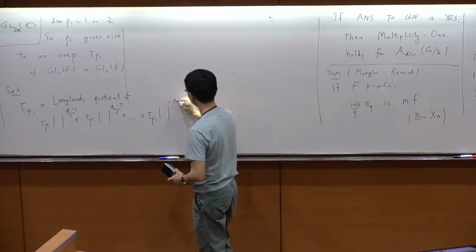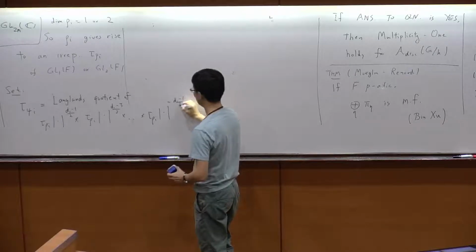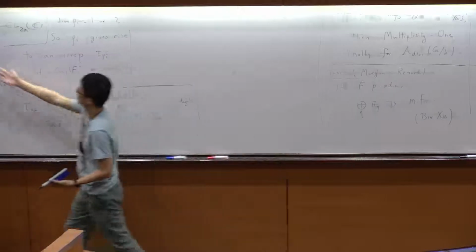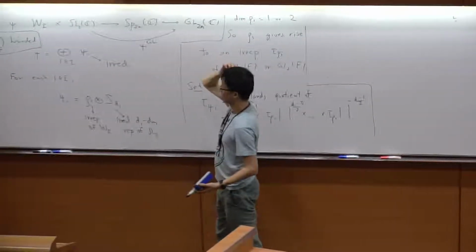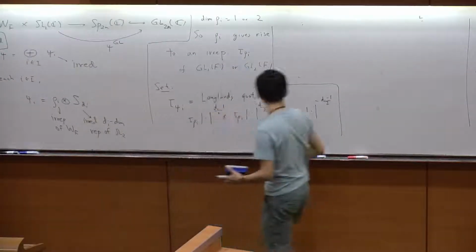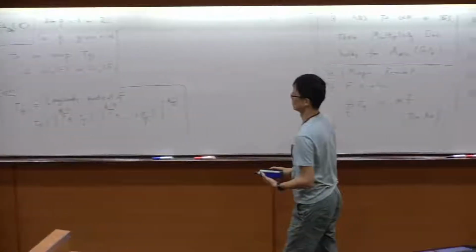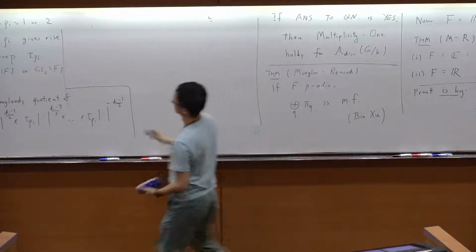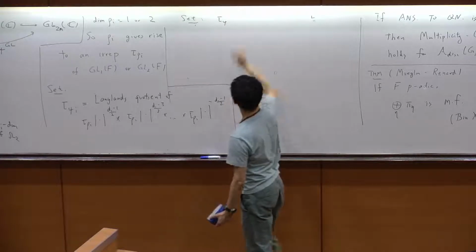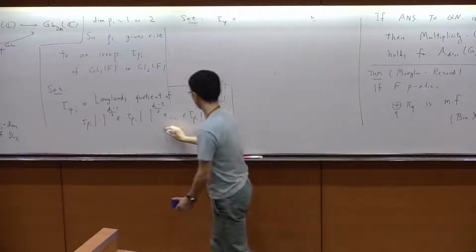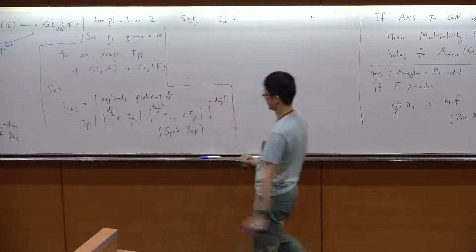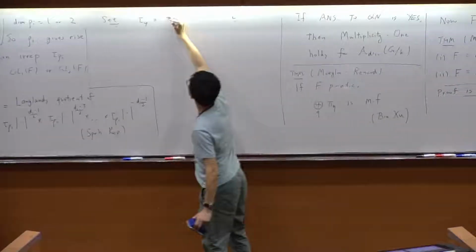And if you think of this composite as a parameter for GL2n, then this is the representation in the Arthur packet, and you define this to be what people call a Speh representation. It's a unitary representation.